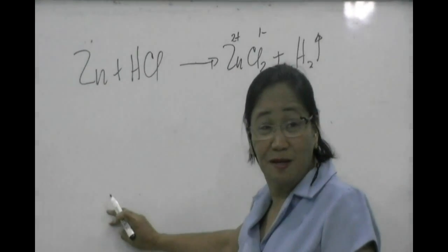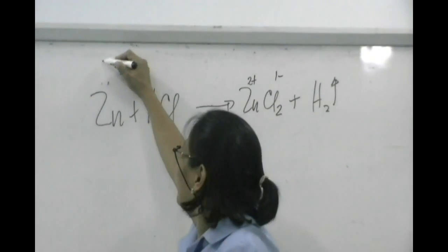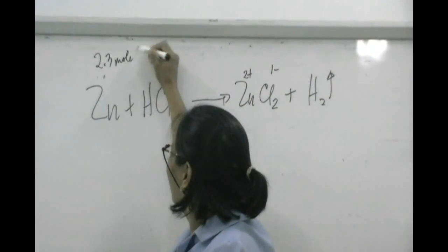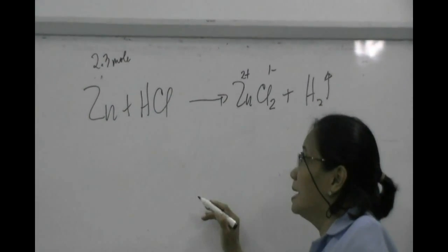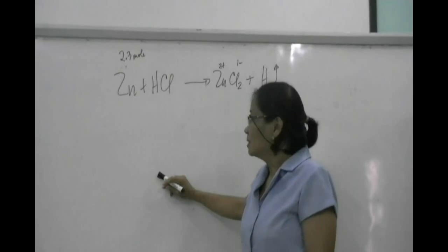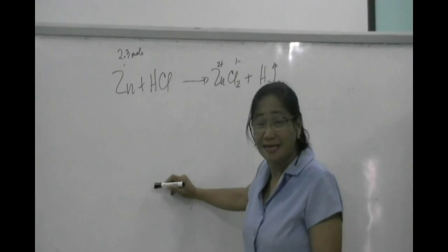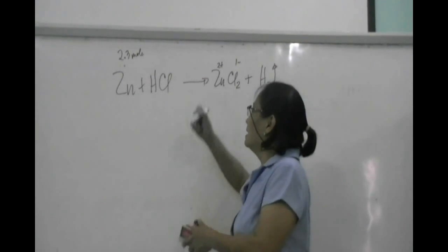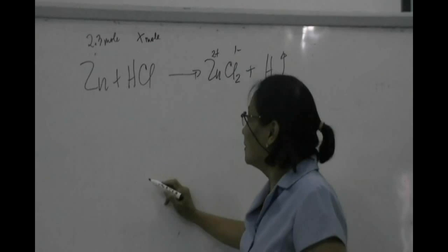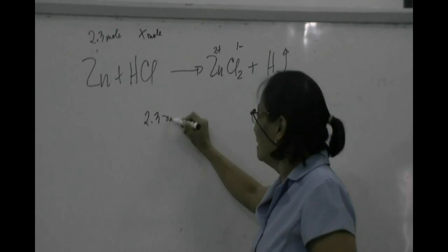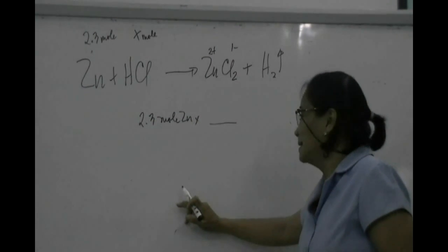In the given sample, you have 2.3 moles of zinc. 2.3 moles of zinc was given in the reaction. So 2.3 moles of zinc reacted with hydrochloric acid, and we're supposed to look for the moles of HCl.